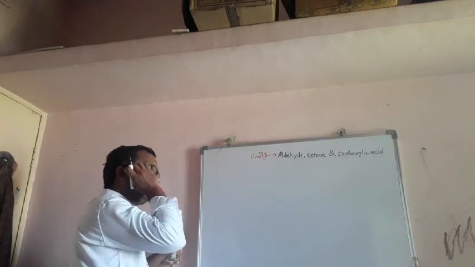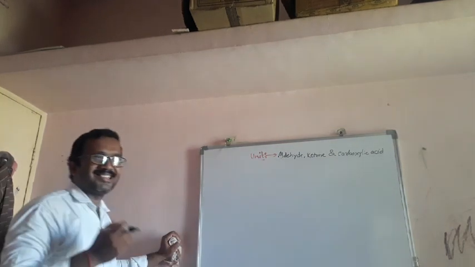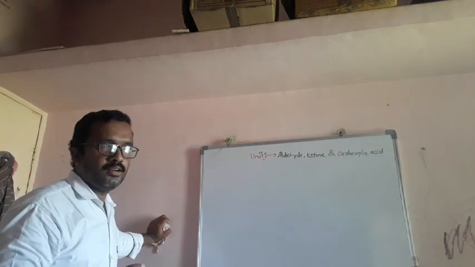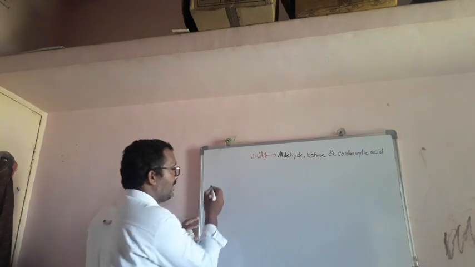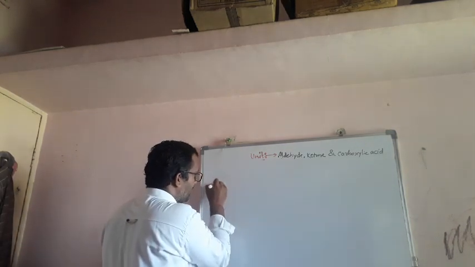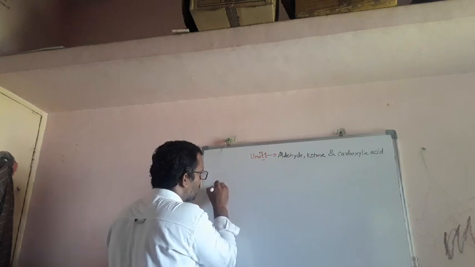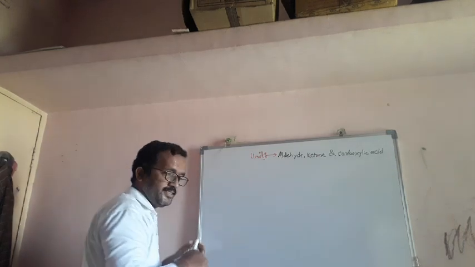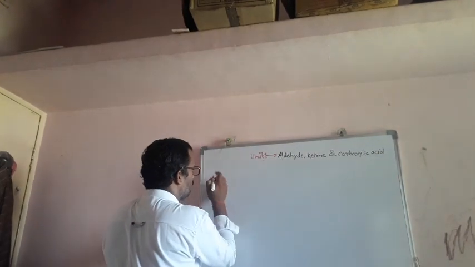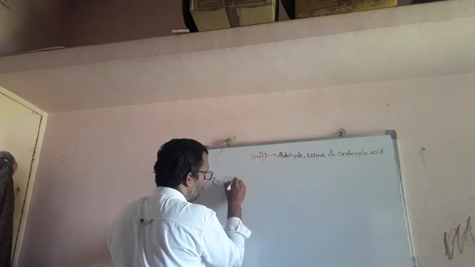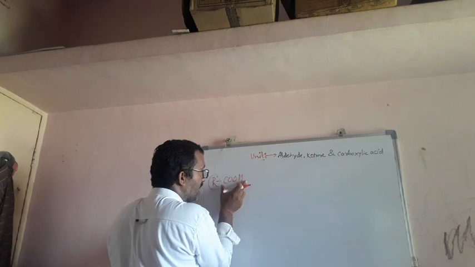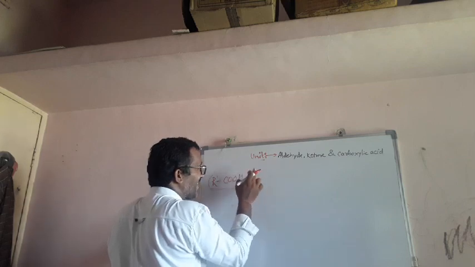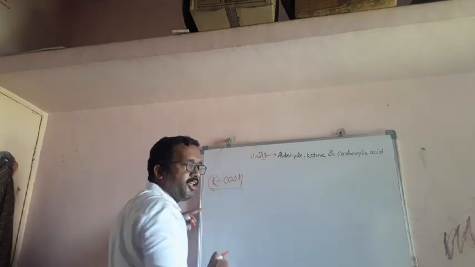It means the strength of the carboxylic acid depends upon, that is, is influenced by, this R group, that is, this alkyl group. This alkyl group influences the carboxylic acid. It means the strength of the carboxylic acid depends upon this alkyl group.